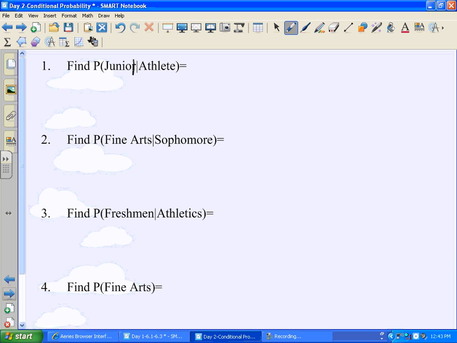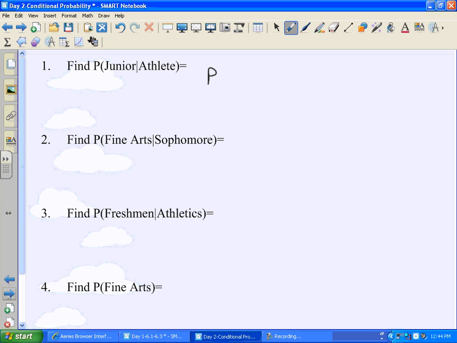Because this tells, oh my, I need to recalibrate this book. Probability of junior given, that's the line that says given that you're an athlete. The way that we find this, or we calculate those probabilities, we can look at the raw numbers here.